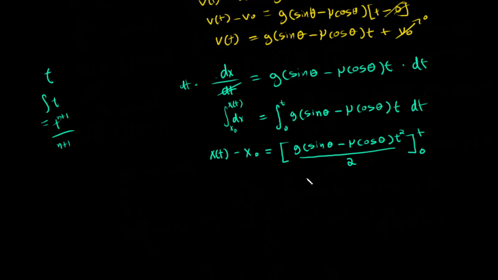And now we'll just rewrite the last part of this. So x of t as a function of time is equal to 1/2 g, sine theta minus the coefficient of friction cosine theta, and then t squared.